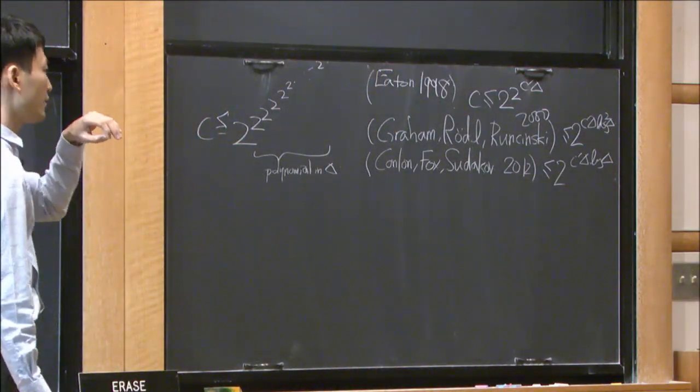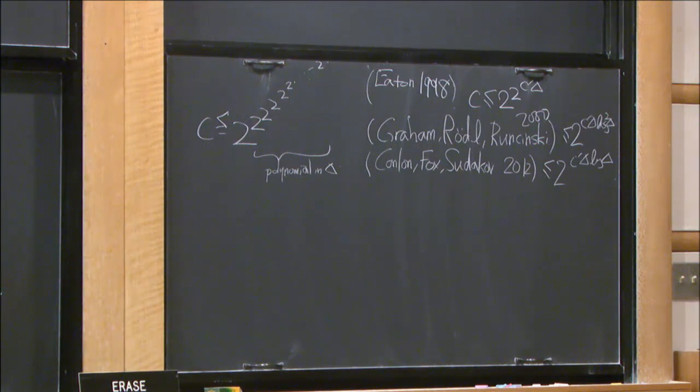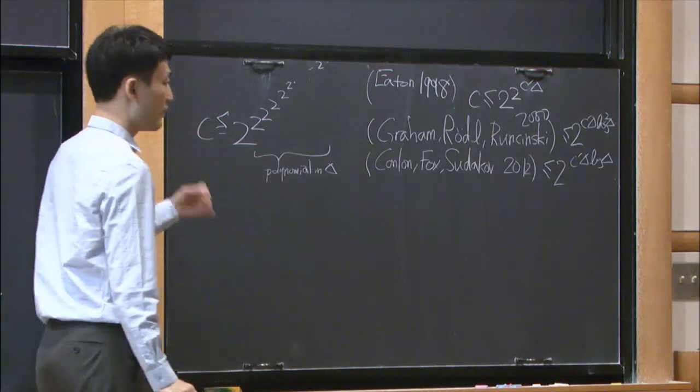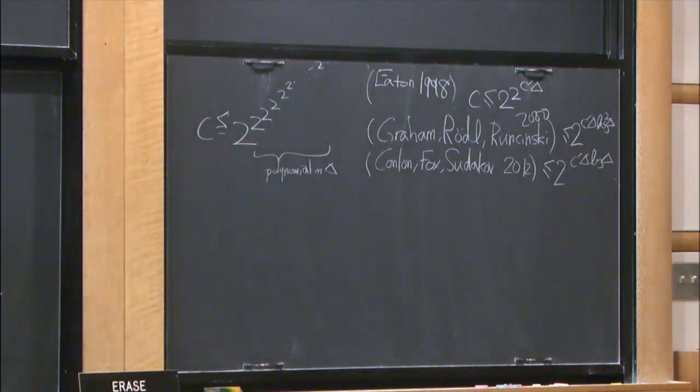On the other hand, it is known that you cannot do better than a single exponential. Graham, Rödl, and Ruciński proved that the best you can go is down to a single exponential. To understand what's going on here, essentially the smallest max degree delta graph you have is a complete graph on delta plus 1 vertices.